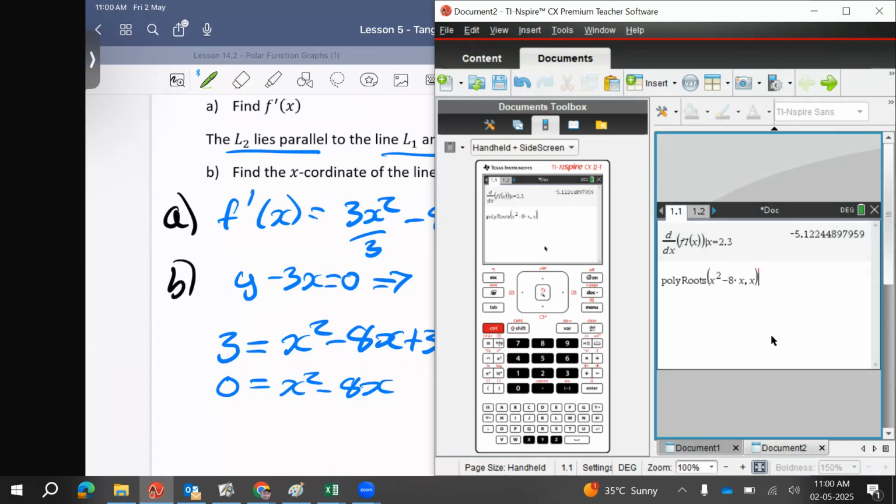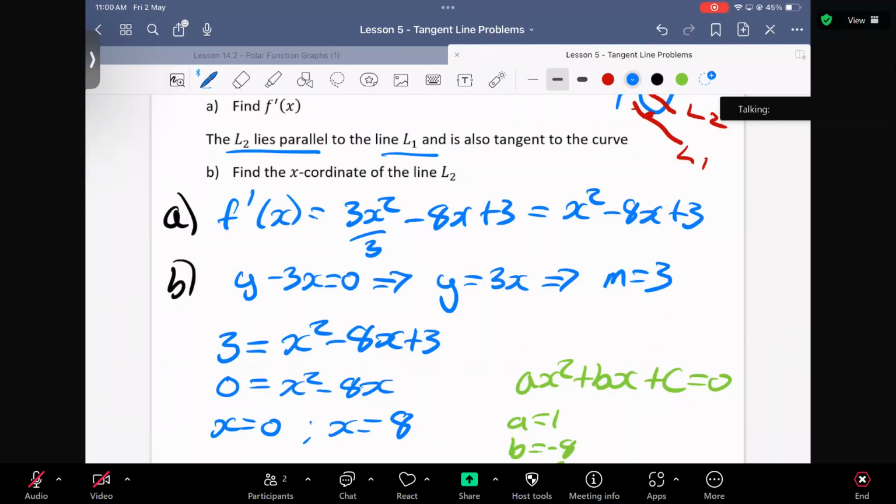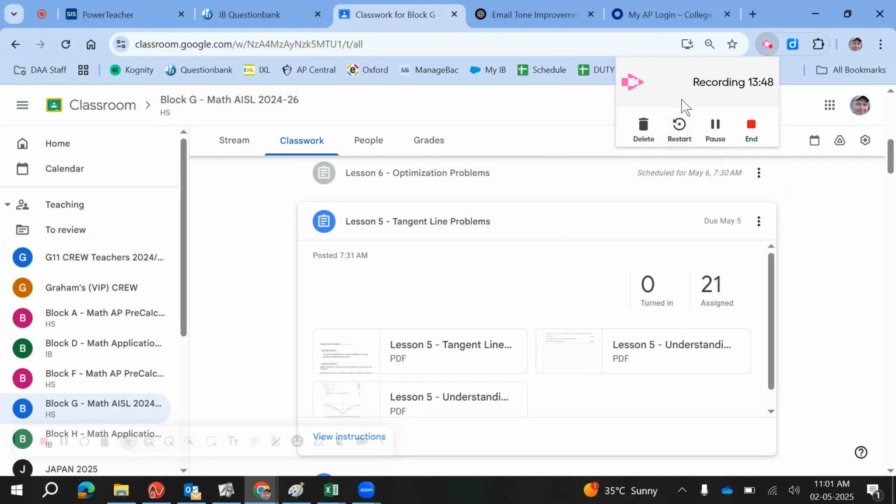And it will give you 2 solutions. So we see on the calculator that x is going to equal 0 or x is equal to 8. If you need help with that calculator routine, put your hand up now. I'll come round and help.